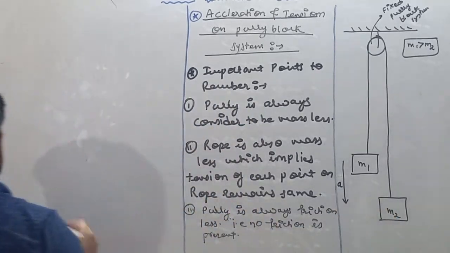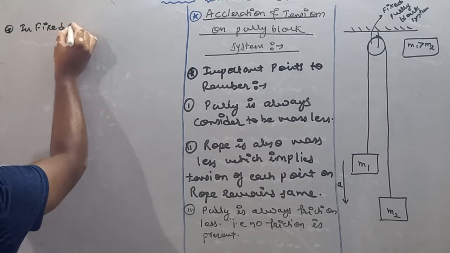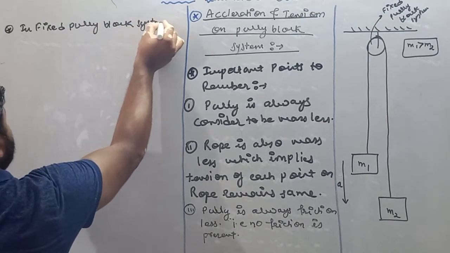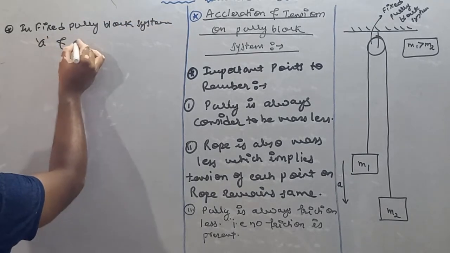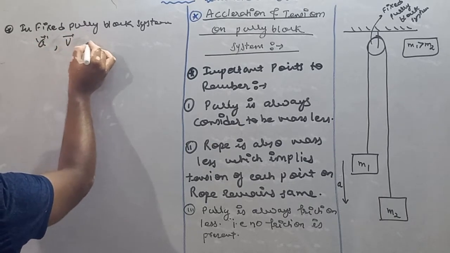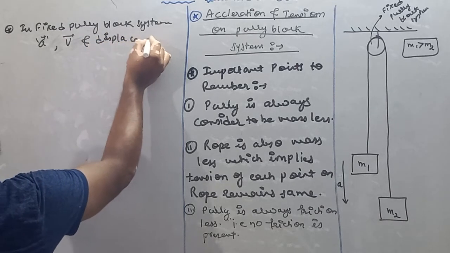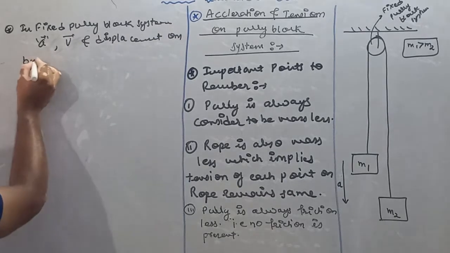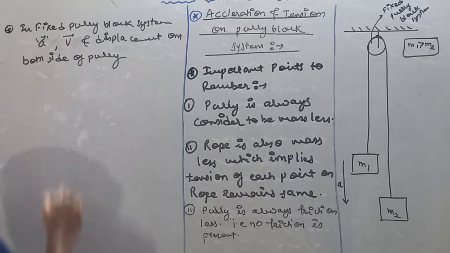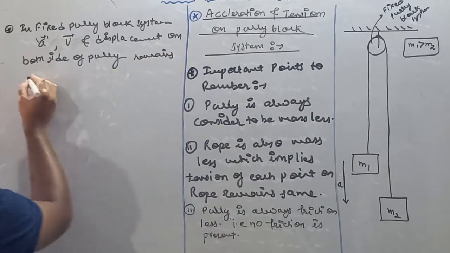I'll write here: in a fixed pulley block system, acceleration, velocity and displacement on both sides of the pulley remain the same.